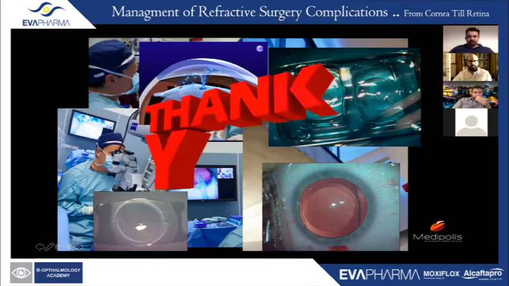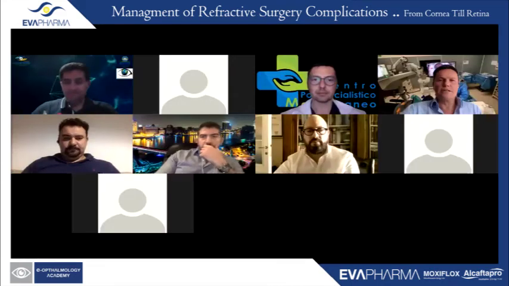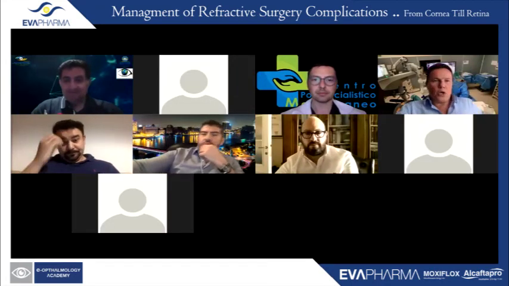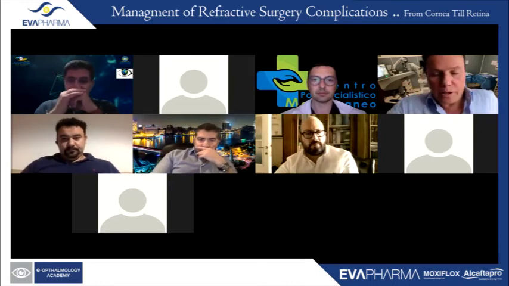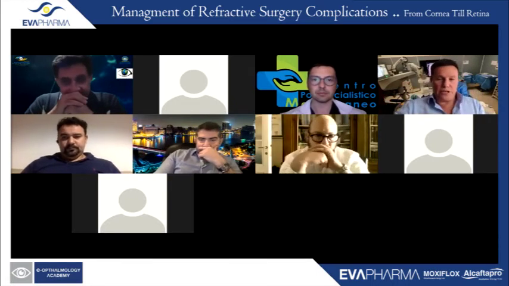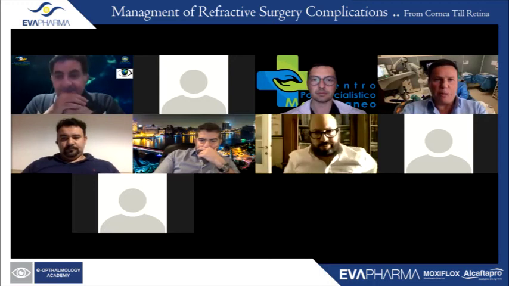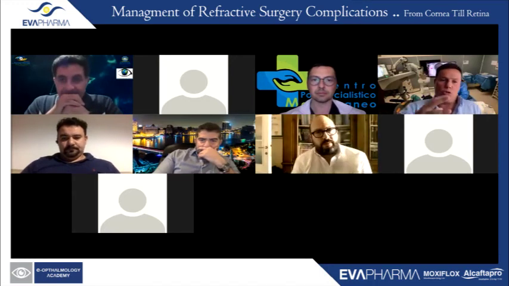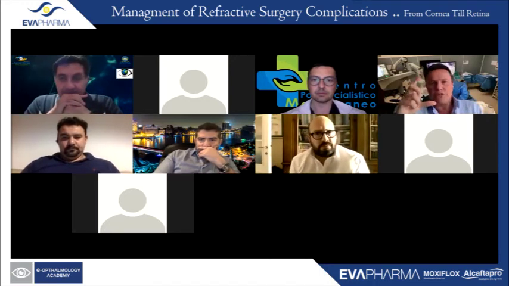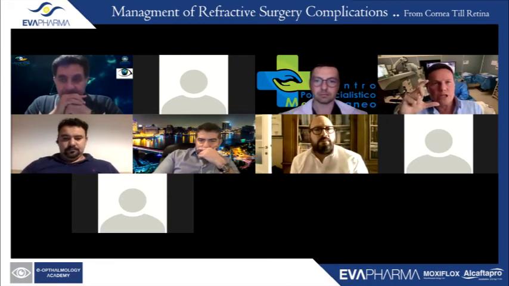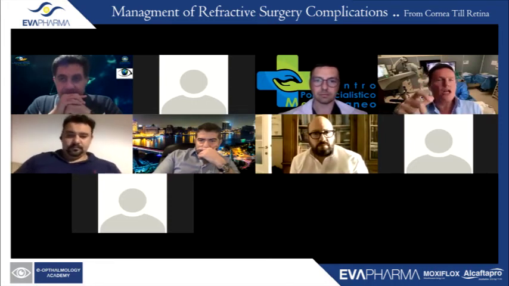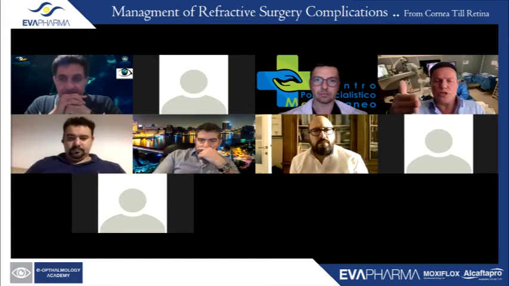Okay, let me stop sharing the screen first. So, hyperopia, yes. The main problem is anterior chamber depth, of course. Although the labeling requires 3 millimeters of anterior chamber depth from the endothelium to the anterior surface of the crystalline lens, I go as low as 2.8.